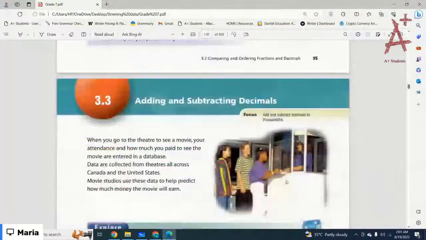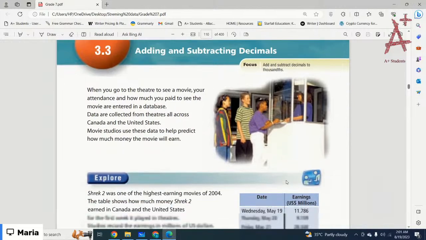Lesson is adding and subtracting decimals.